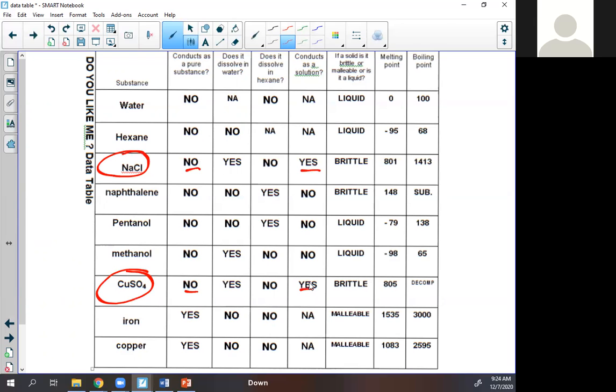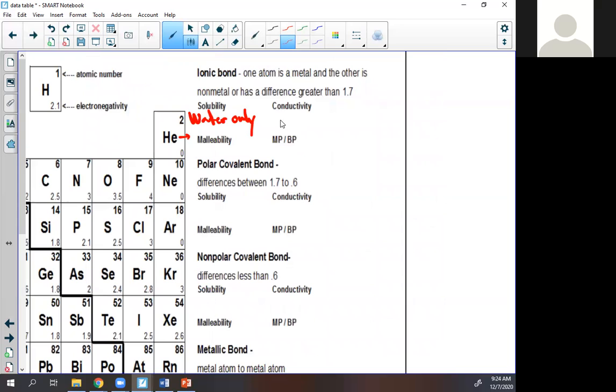So we're going to go to our table, and we're going to say it conducts in solution only. Because you have to be careful there. The test question will ask you, will it conduct in pure form? And you would say, no. It might also say, will it conduct in solution? And then you would say, yes.